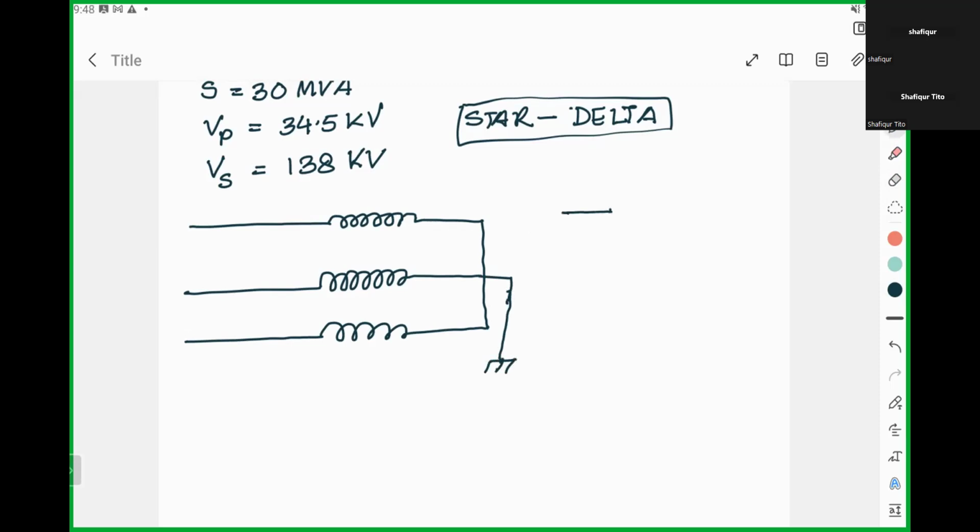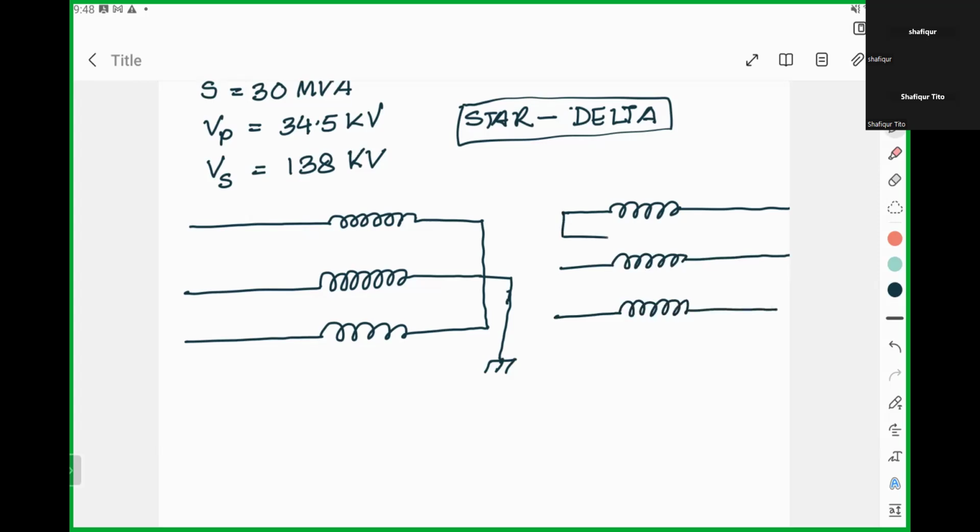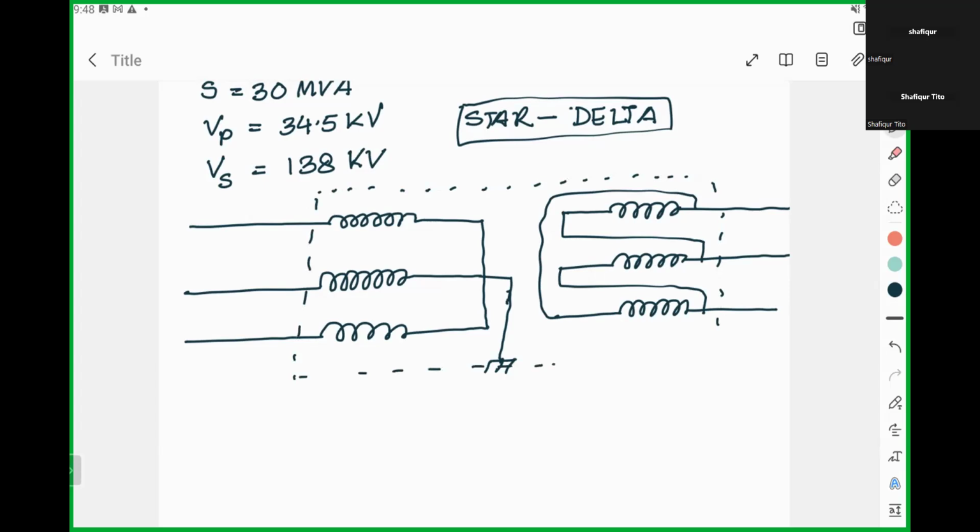Then the secondary side will be a delta connection. I will connect it here, and back and forth, and this is delta connected. Now we can make the dotted line of the transformer. So this part is my transformer, and this is Y connected, and this is delta connected.